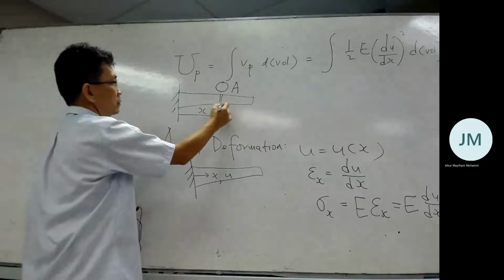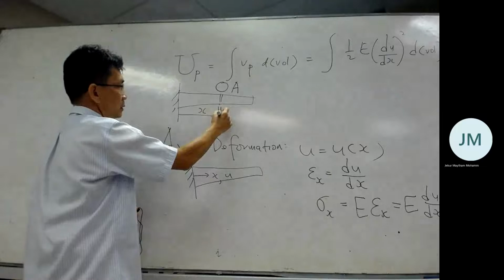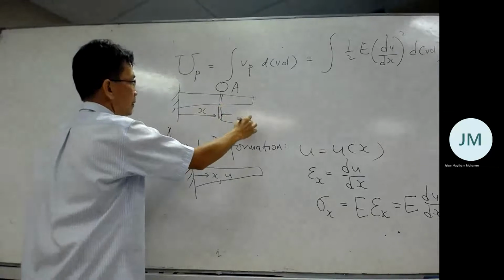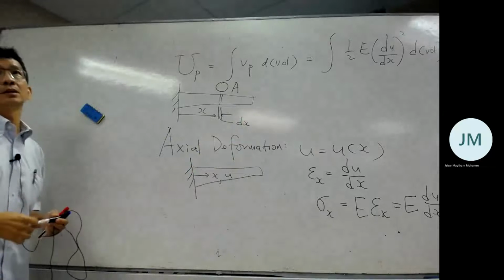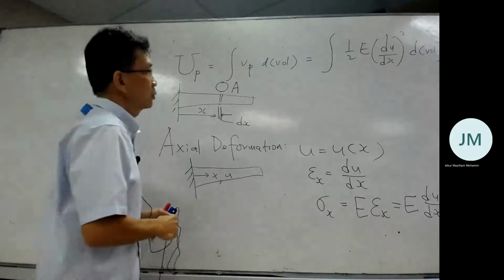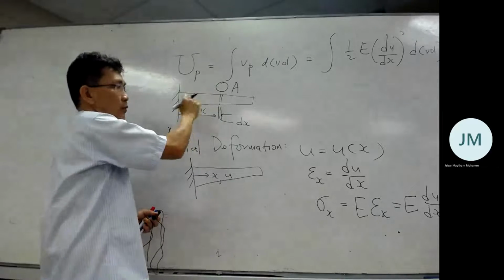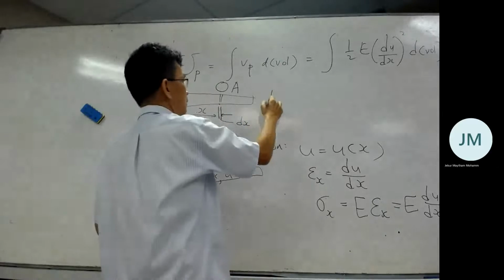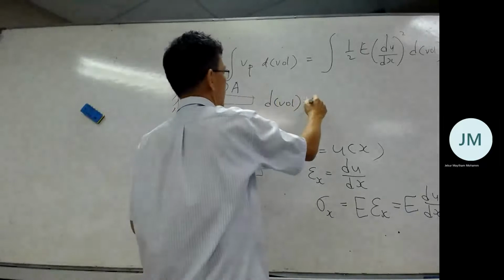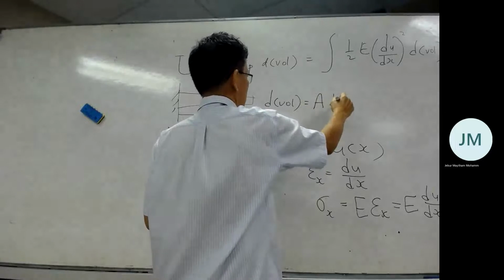Now if we move to the next one, a very small distance, say this is the x here. We can represent the small volume of this bar, the d volume, as A multiplied by dx.